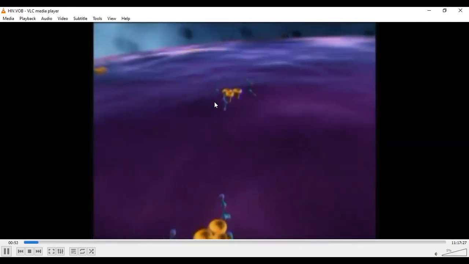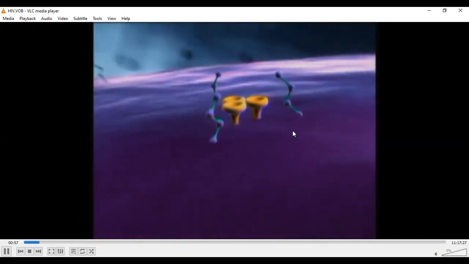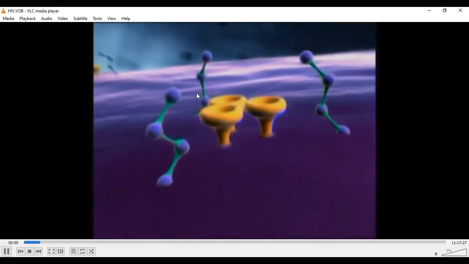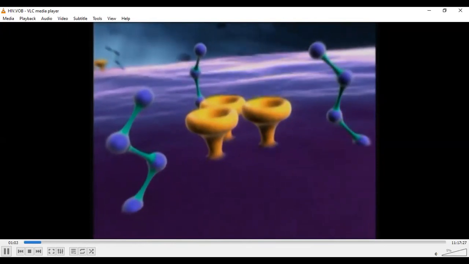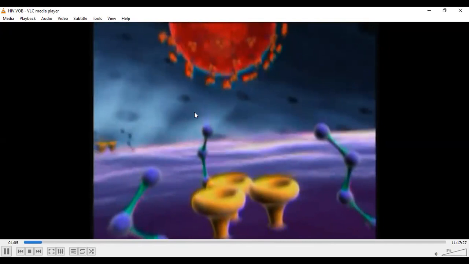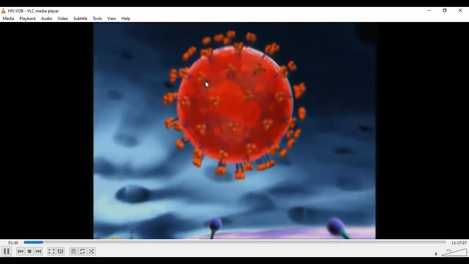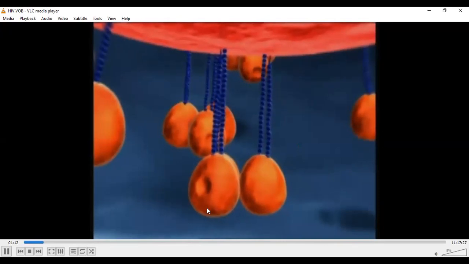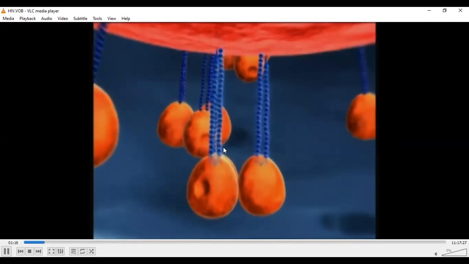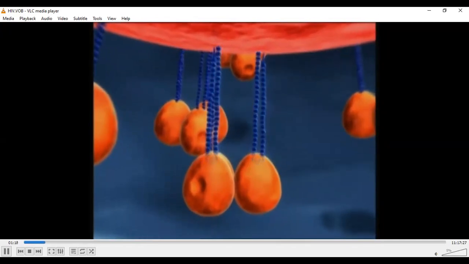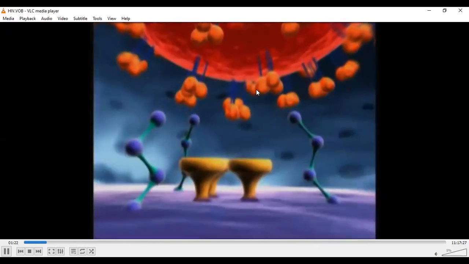So these are all the receptors present in the host cell. Our cell has several receptors. The viral spikes, the glycoprotein of the virus, get attached to the receptor.